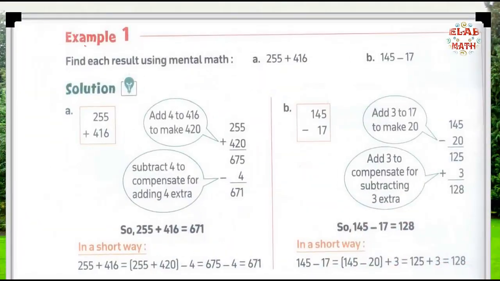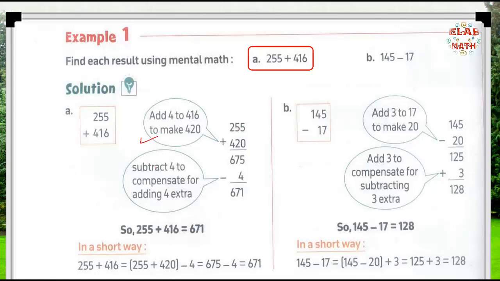Here we have another question in your book. Find each result using mental math. First one, we have 255 plus 416. I want to find the sum using a compensation strategy. We said you should add an amount to one number. We will add 4 to 416 to make 420 and make addition to find the sum. 5 plus 0 equals 5. 5 plus 2, 7. 2 plus 4 equals 6.